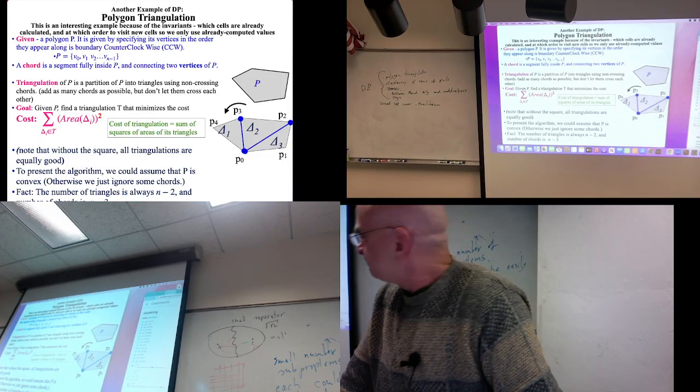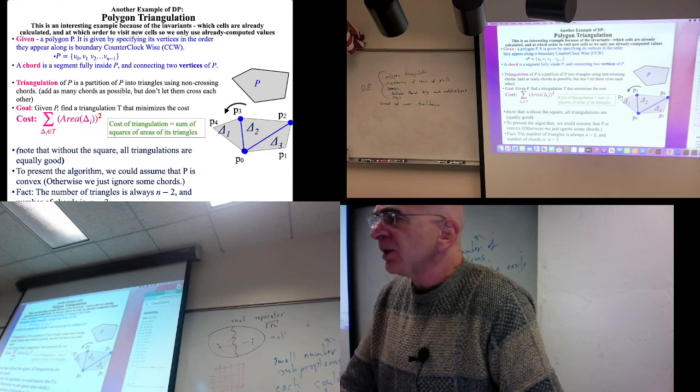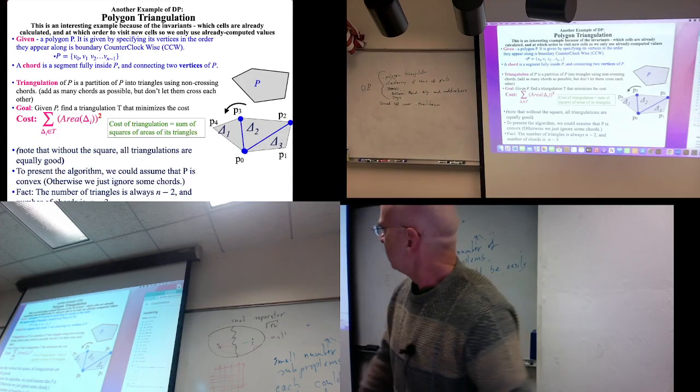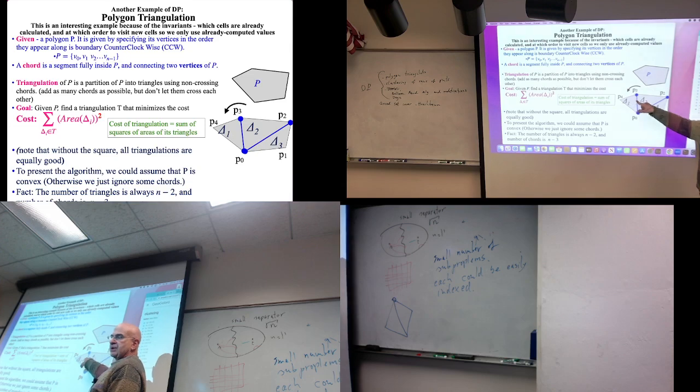And I need, obviously, a cost function. The cost function that I picked for this problem was, let's look at the areas of the triangles in my triangulation, and have as a cost function the sum of the areas of the triangles in the triangulation.